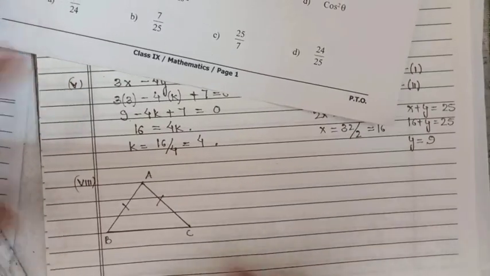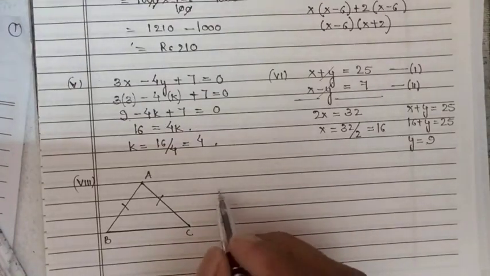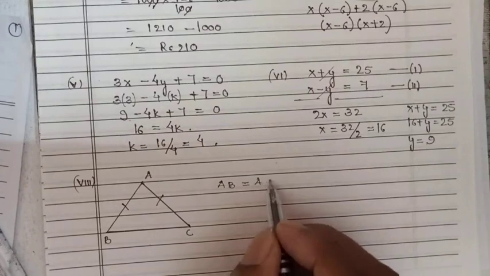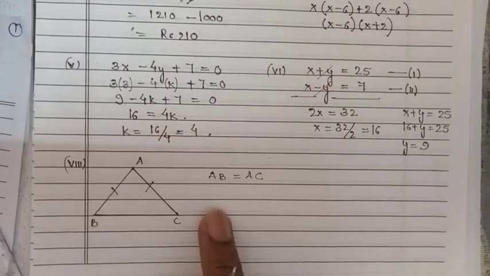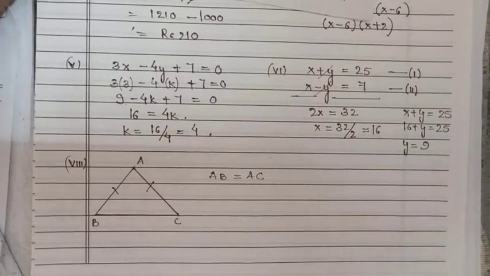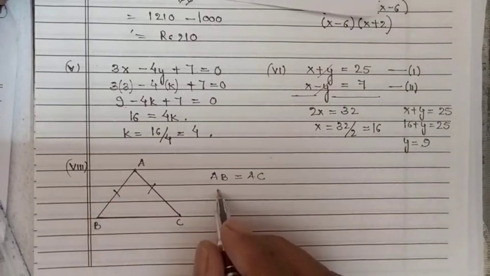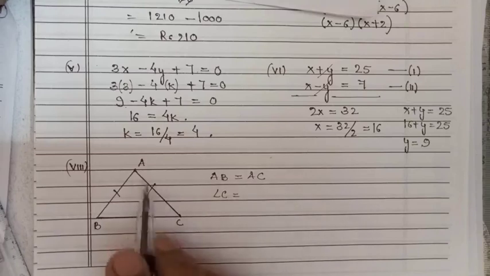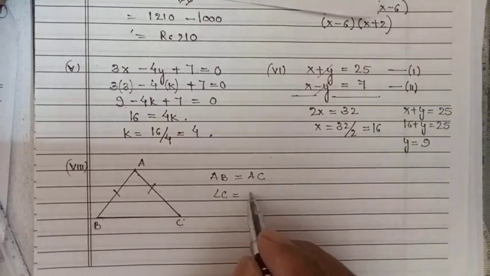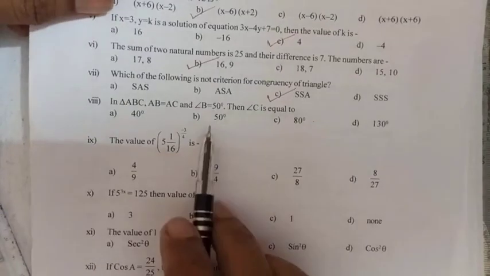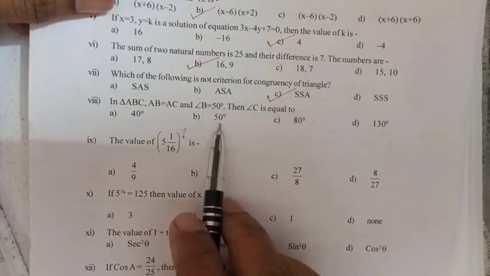Now as the two sides are given equal, remember, in a triangle, if two sides are equal, then the angles opposite to them are also equal. So opposite to AB we have angle C, and opposite to AC we have angle B. So angle C and angle B both will be equal, and in the question angle B is given as 50.